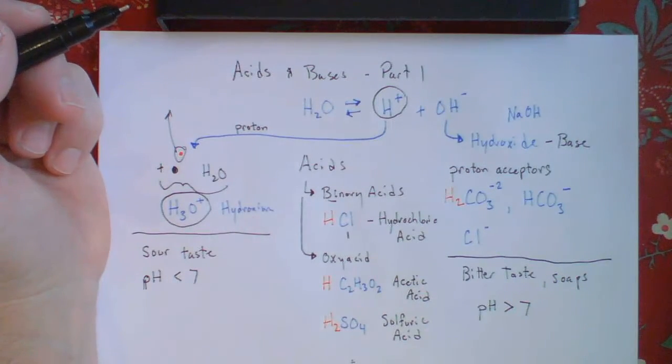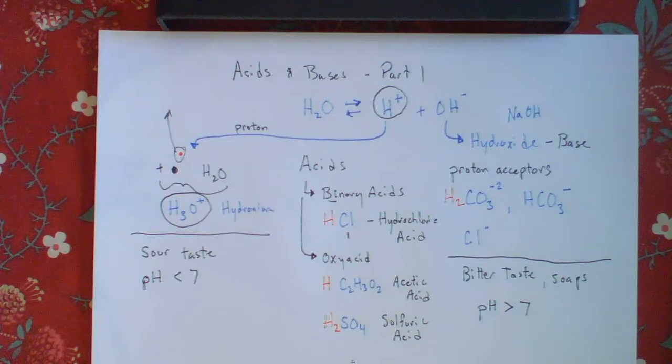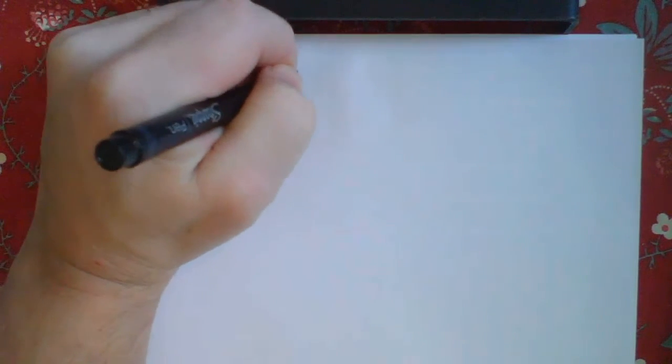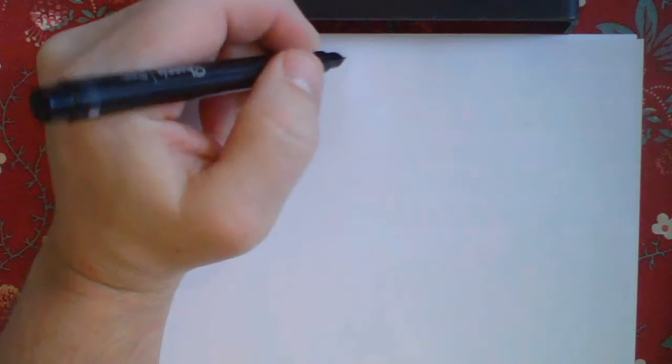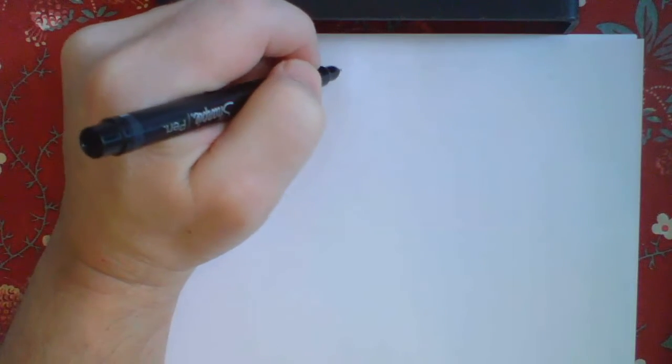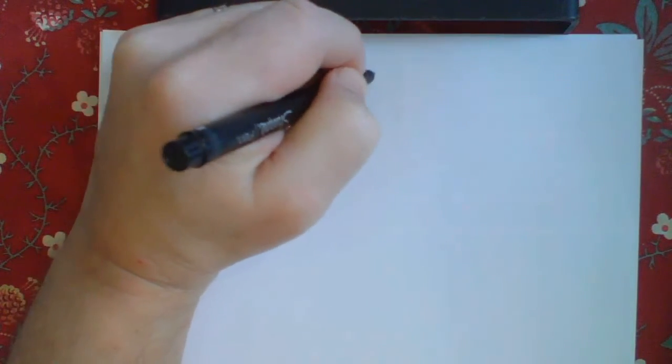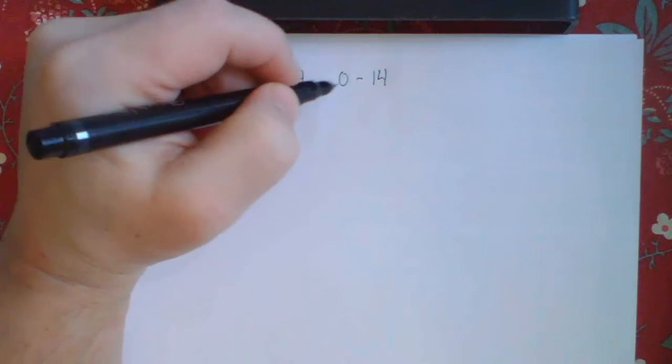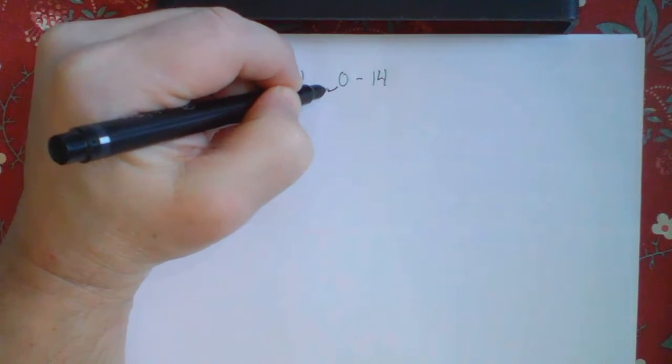When we look at pH, I want to go back and just talk a little bit about our pH scale and where pH comes from. The pH of a situation ranges usually from 0 to 14. Now it doesn't mean that we can't go lower than 0.